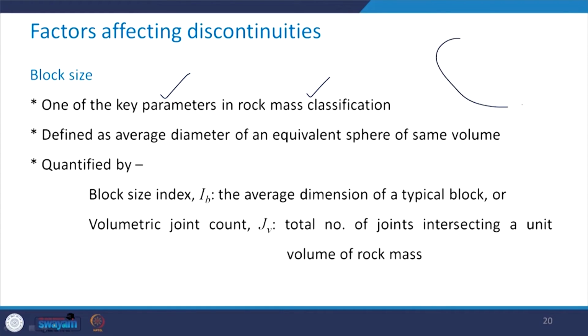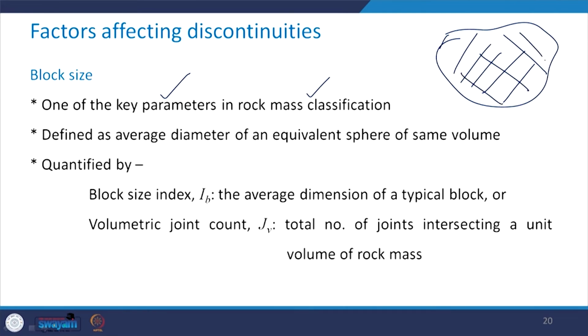So, let us say that here you have the rock mass and you have some joint sets. Let us say here I am showing only 2 joint sets. Now I can find out what exactly the block size is. It is of this order, and I need to find the equivalent sphere of the same volume as this block.